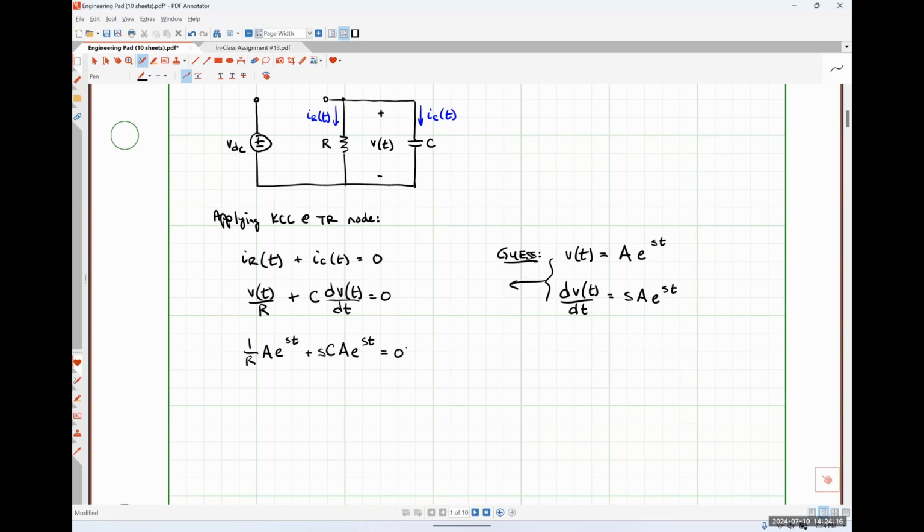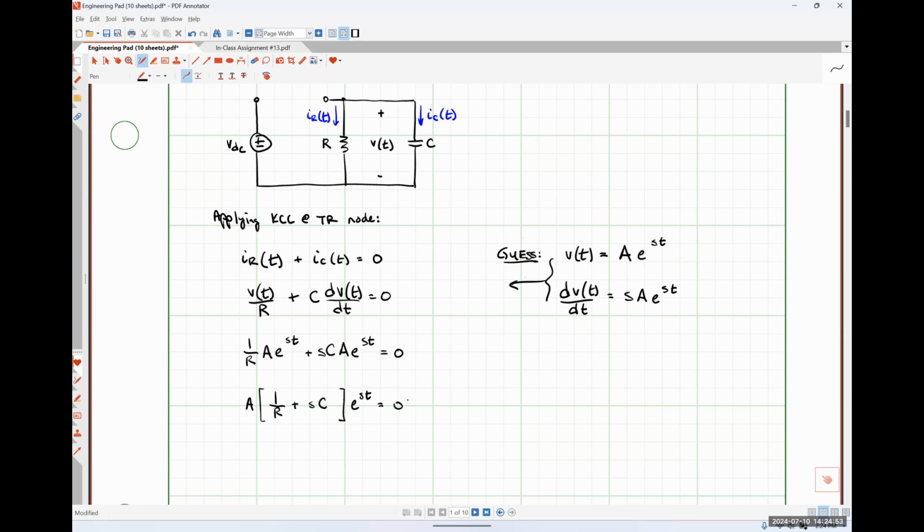Now I'm just going to take some common factors out, right? So we can see that there is a common factor of A in the first term and the second term. So I'm just going to pull that out. And there's also a common factor of e to the st in the first and second term. So I'm going to pull that out. And what's left in the middle will be 1 over R plus s times C. And I need this expression to be equal to 0.